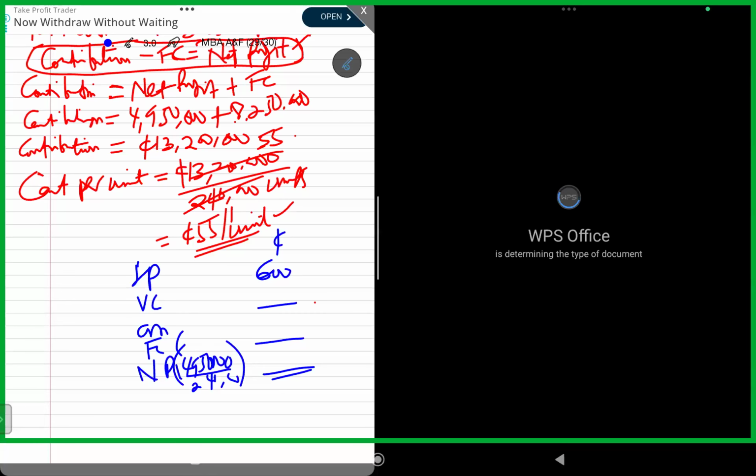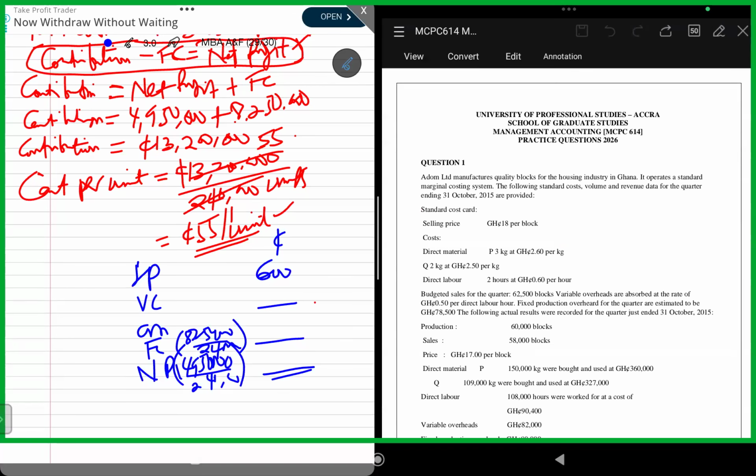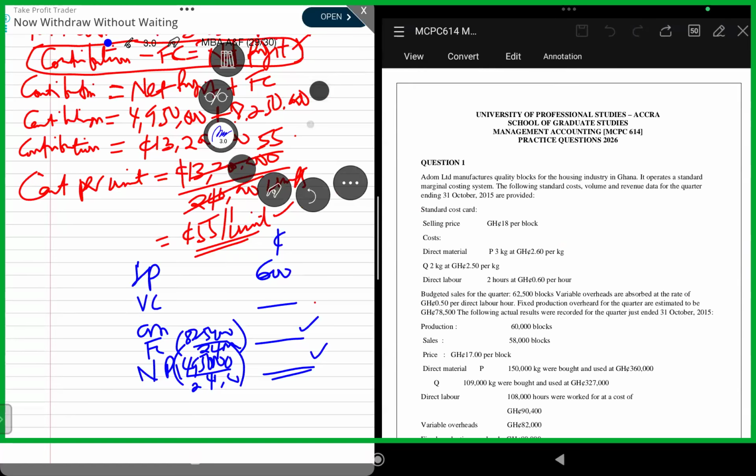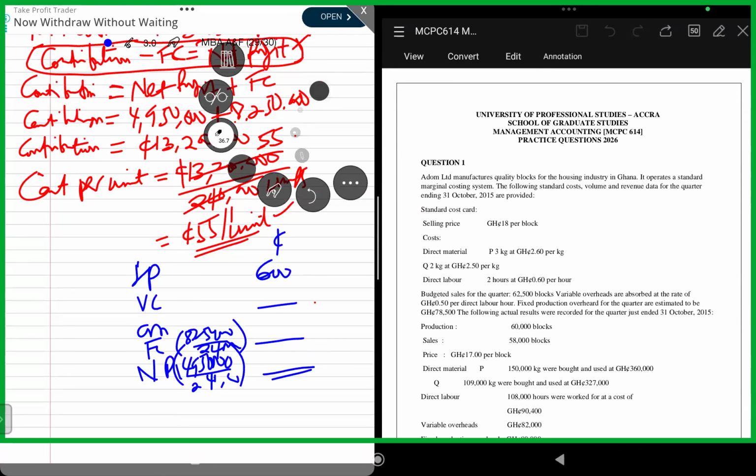Also the fixed cost is 8,250,000. I also divide that by the total units of 240,000. That gives me the fixed cost per unit. Then when I have the net profit and the fixed cost, I'll add both of them to get the contribution.